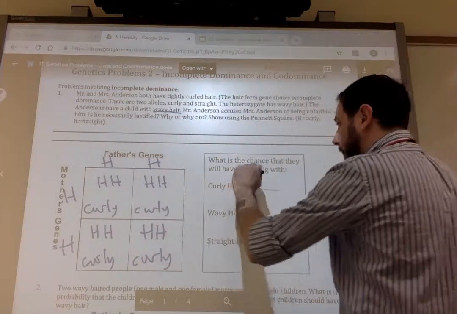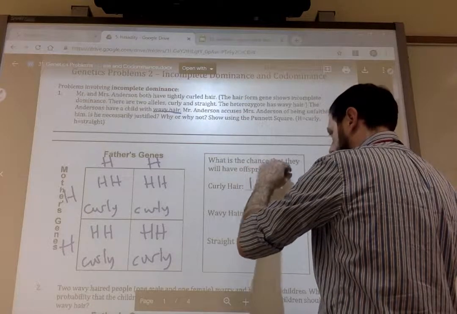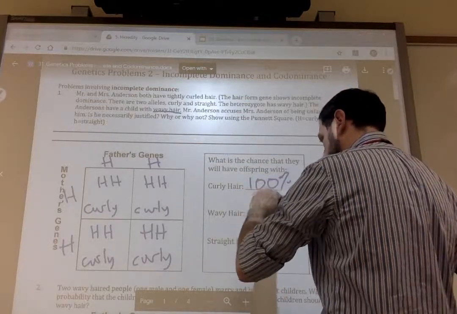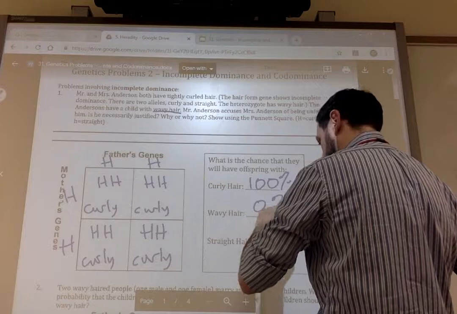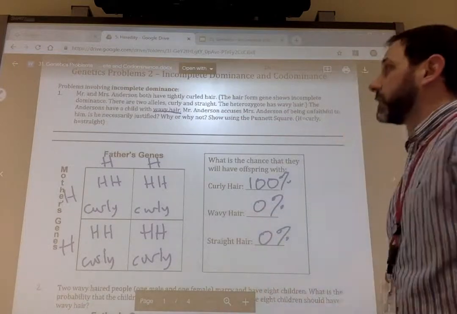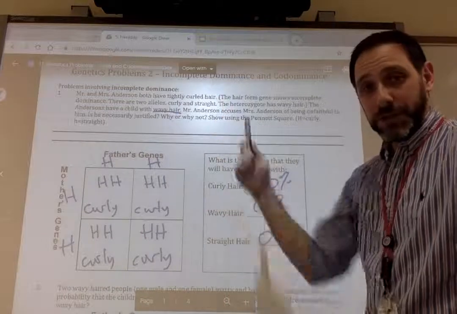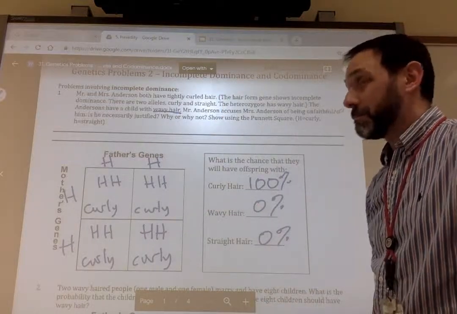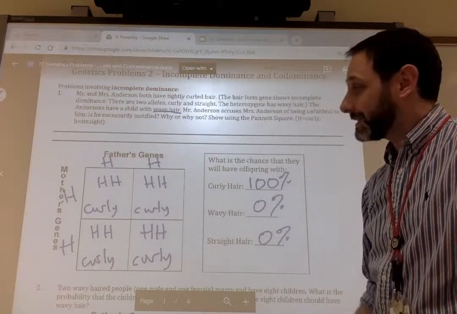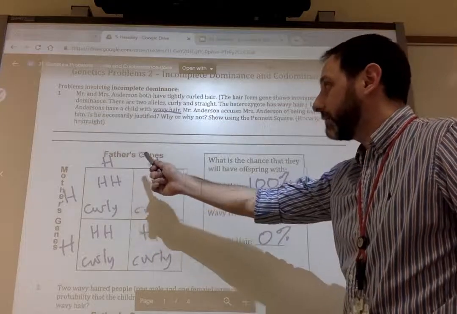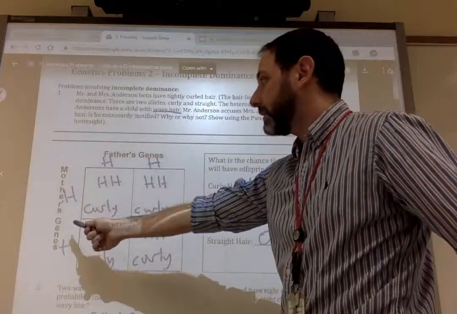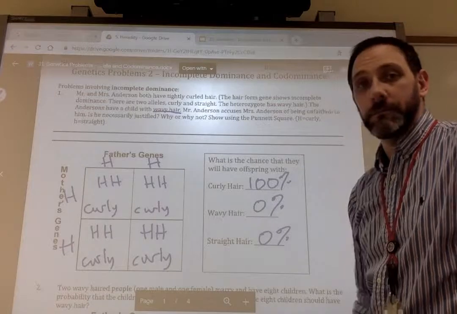So if I fill this out, 100%, 0%, and 0%. So in this situation, is the child Mr. Anderson's? No, because it's not possible for him and his wife to have a kid with wavy hair.